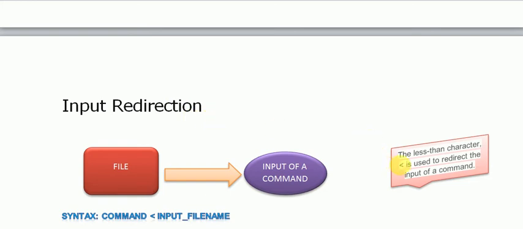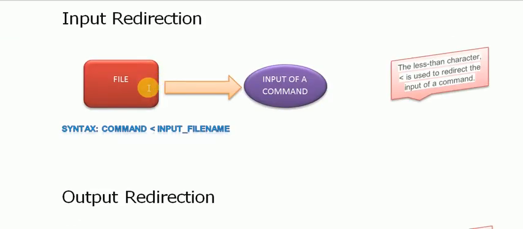For that we use the less than character. The syntax is: first we specify the command, then put the less than character and the name of the file from which we have to take the input for this command.